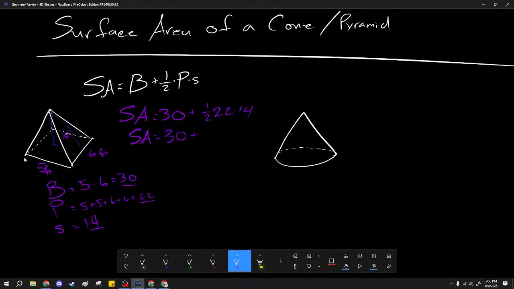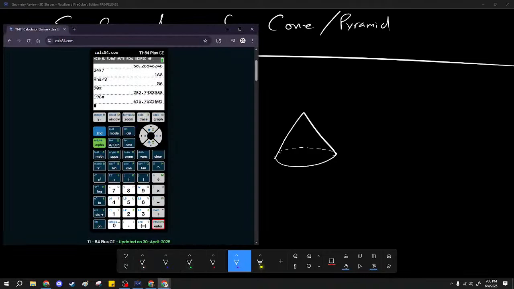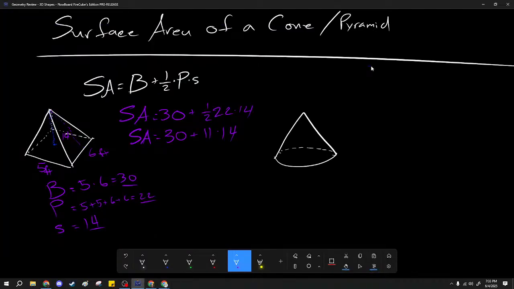So 30 plus half of 22 is 11 times 14. 11 times 14 is 154. Surface area is equal to 30 plus 154. Adding those together, the surface area of this pyramid is 184 feet squared.